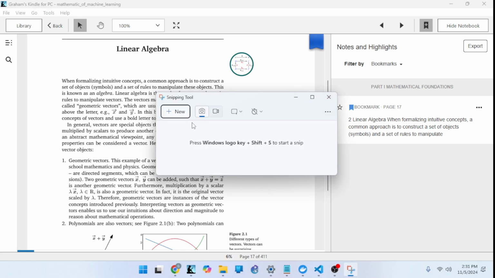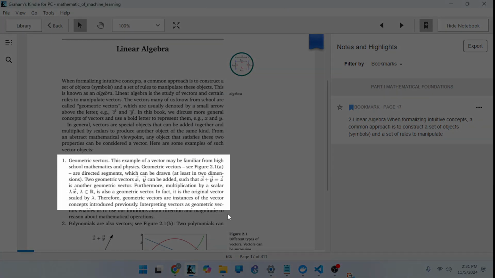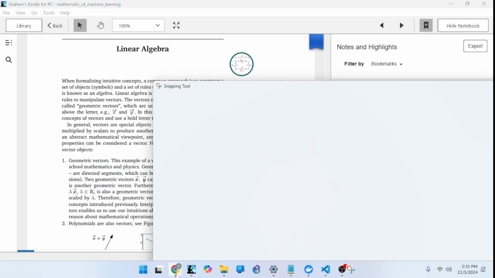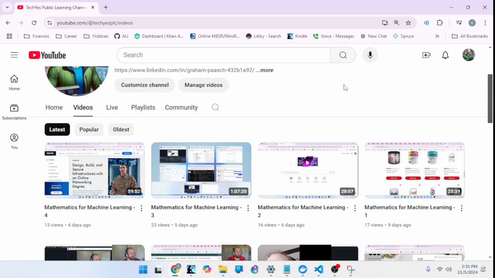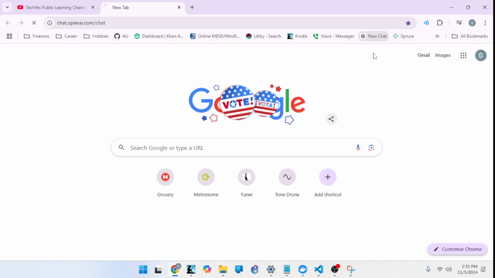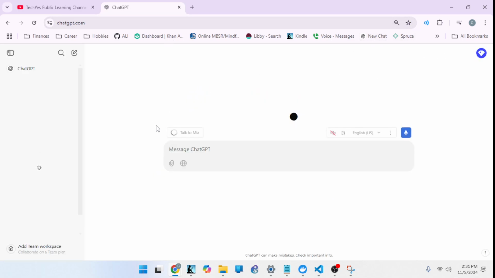So next thing I'm going to do is something I think is really valuable. We live in the modern era, so let's use modern tools. So we're going to use ChatGPT.